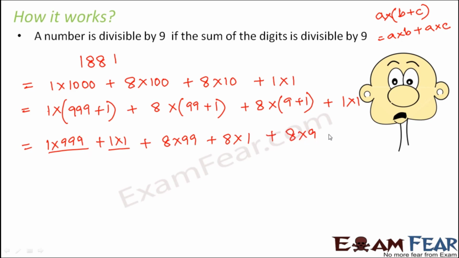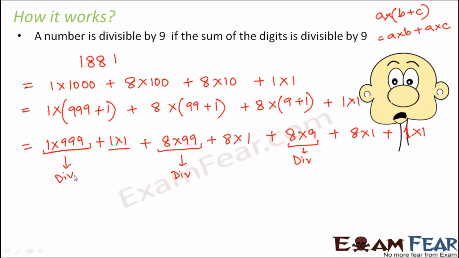So this is what we get. Now we can very clearly say that all these terms are divisible by 9, whichever has 99 or 9 or 999.